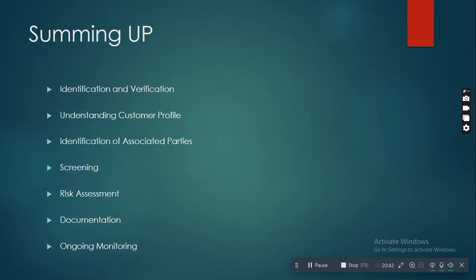So, summing up our whole lecture, we have seen the identification and verification phase, where we tried to identify the client. We took the documents which are necessary to identify, then verified those documents from government websites or trusted data sources.